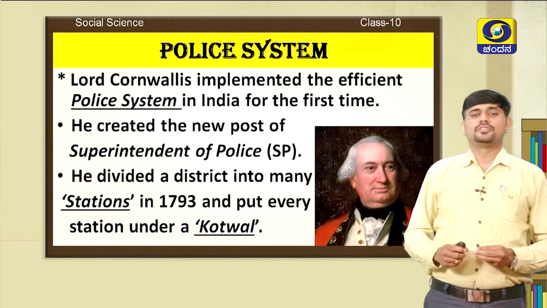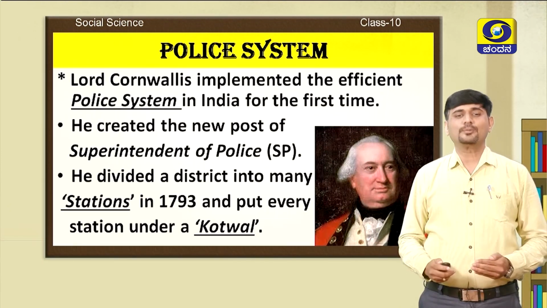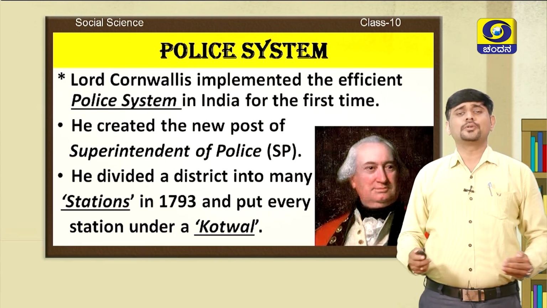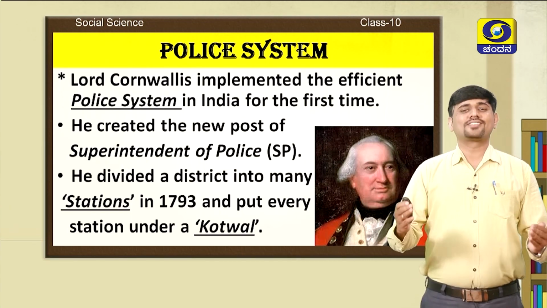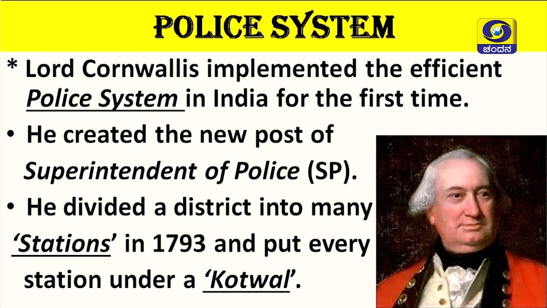Following the judicial system, let us learn about the police system of India. Dear students, the police system in India has its root with the British government. Lord Cornwallis implemented an efficient police system in India for the first time.